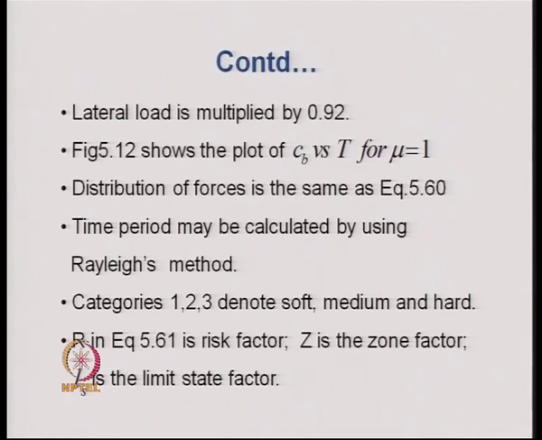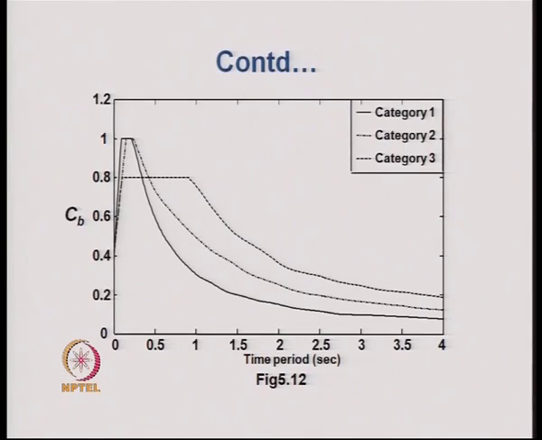Categories 1, 2, 3 denote the soft, medium and hard. R in the equation I said basically as reduction factor, that is wrong. R is a risk factor and Z is the zone factor and Ls is the limit state factor. So, for the categories 1, 2, 3 we have different kinds of curves.